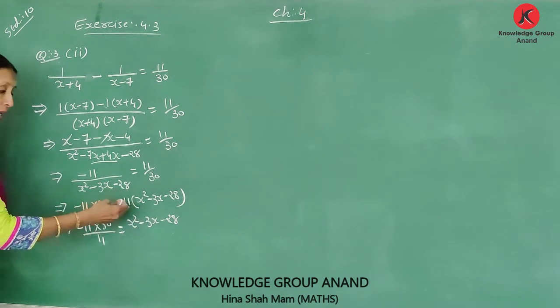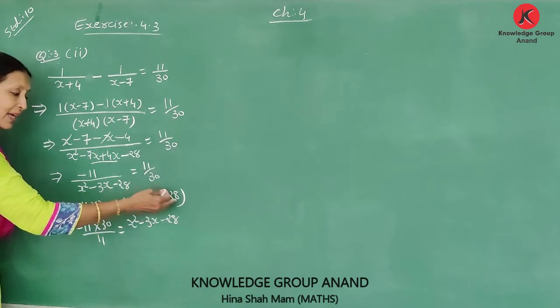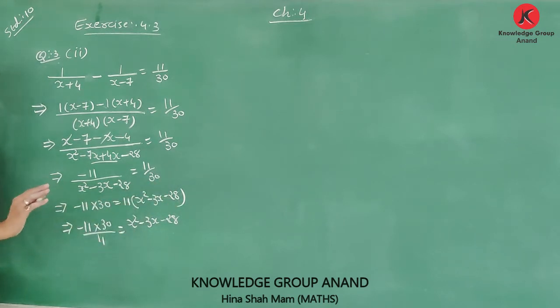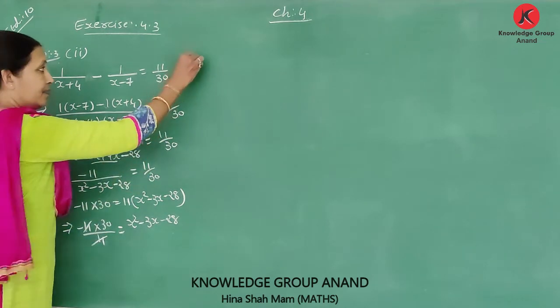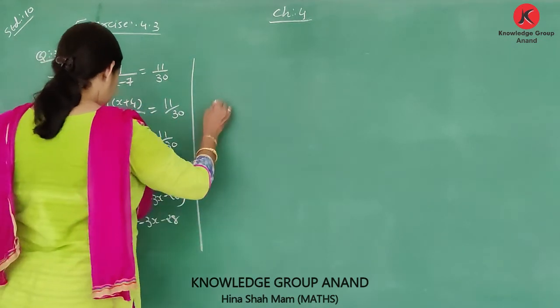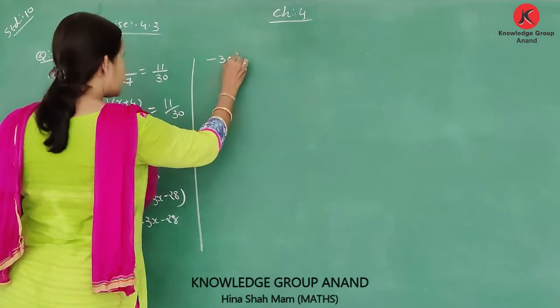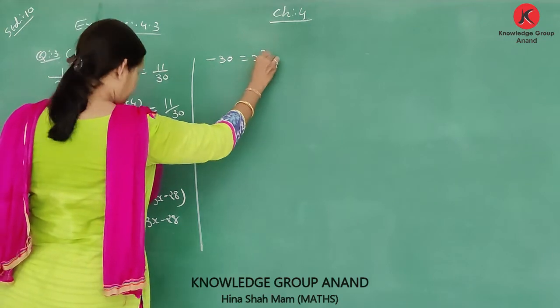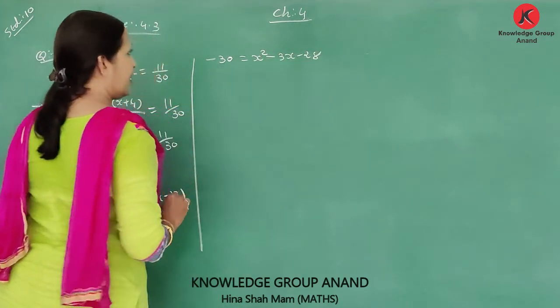But if you multiply 11 with x square minus 3x minus 28, it is so tough. So 11 cancels, and we get minus 30 equals to x square minus 3x minus 28.